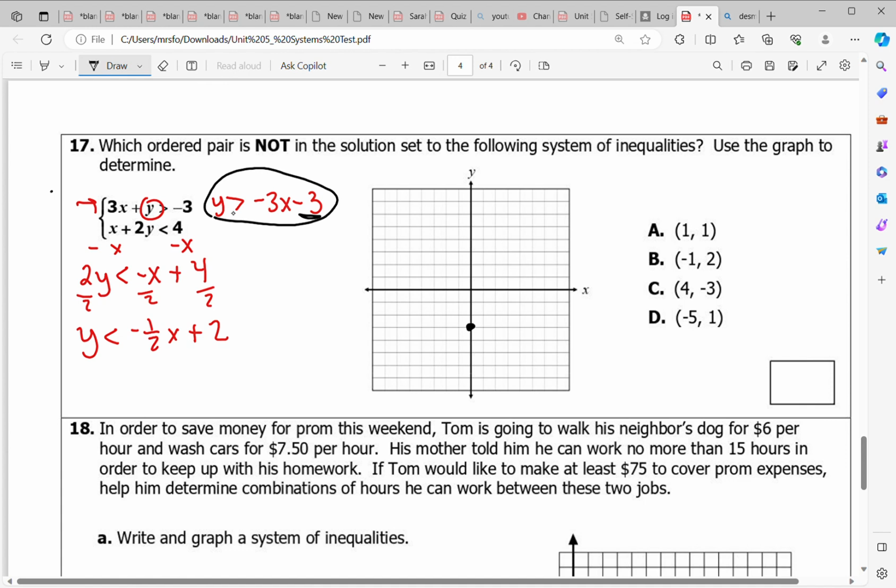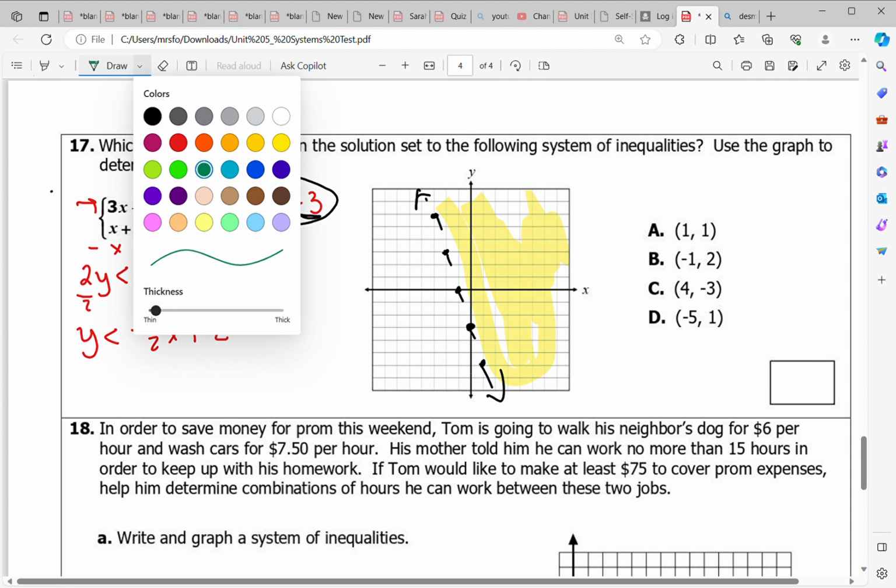And then down 3 over 1, or up 3 to the left 1, and that is a dashed line, and greater than means shading above.